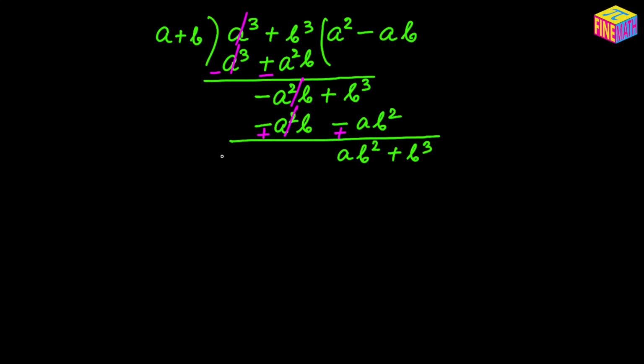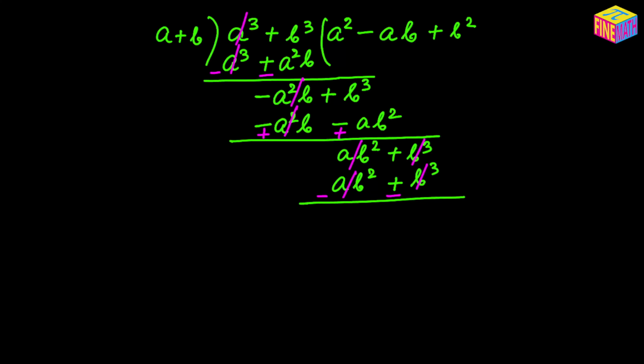To get ab squared we need to multiply a by b squared, so the next term in the quotient would be a positive b squared. We get ab squared and plus b times b squared, which is b cubed. Now it looks like we are at the end of the division because these terms will cancel each other.